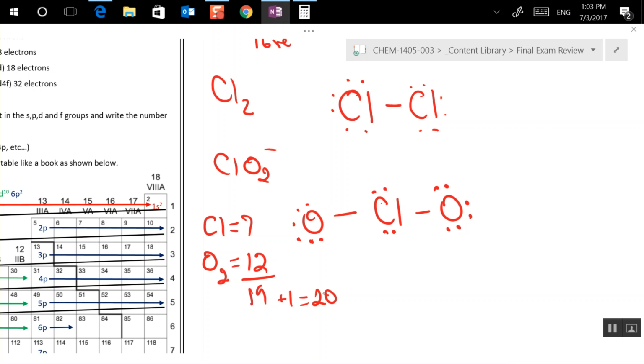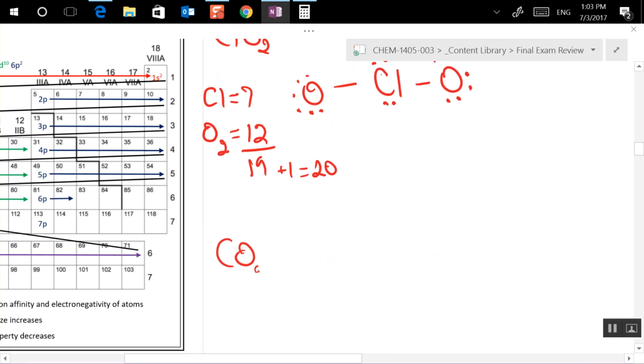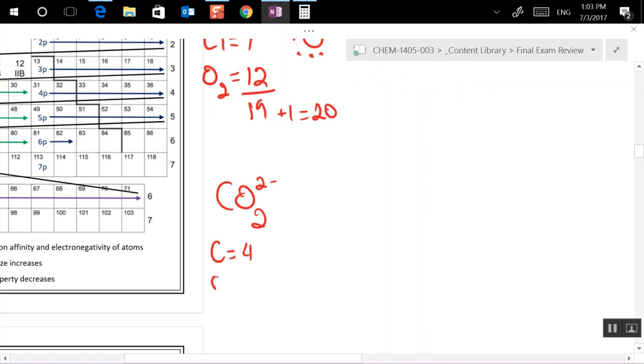That's my structure. If you do CO2, it's a 2- carbonite. I had that on a homework. Okay, carbon 4, oxygen 2, 16. I'm sorry, not 16, 12.